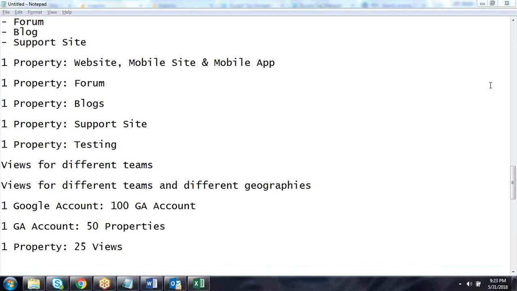So what we discussed in the last 5 minutes is what is account, property, and view. Views are created for different teams and different geographies.